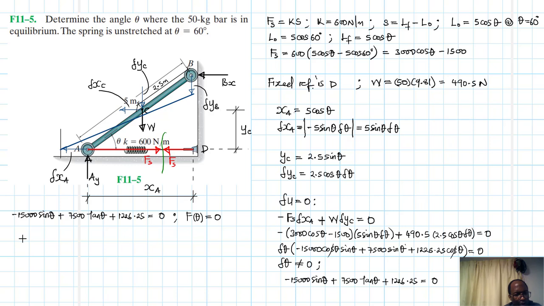Okay, so let me draw a table here quickly so that we start working. There we go. This is a trial and error.